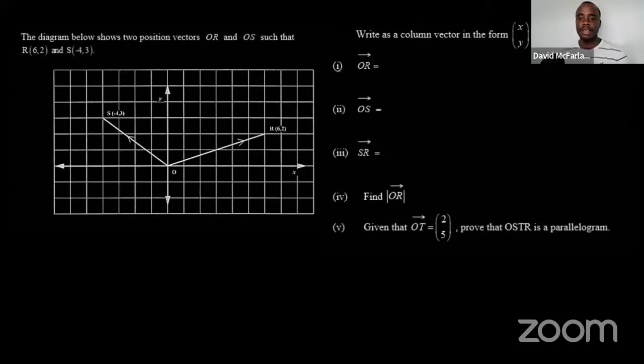So let's get started. First, we want to write OR as a column vector. So where is OR? Let me mark it on the diagram. It starts at O and it goes to R. I already have it marked out for us. So where does it stop? It stops at R, which is (6, 2).